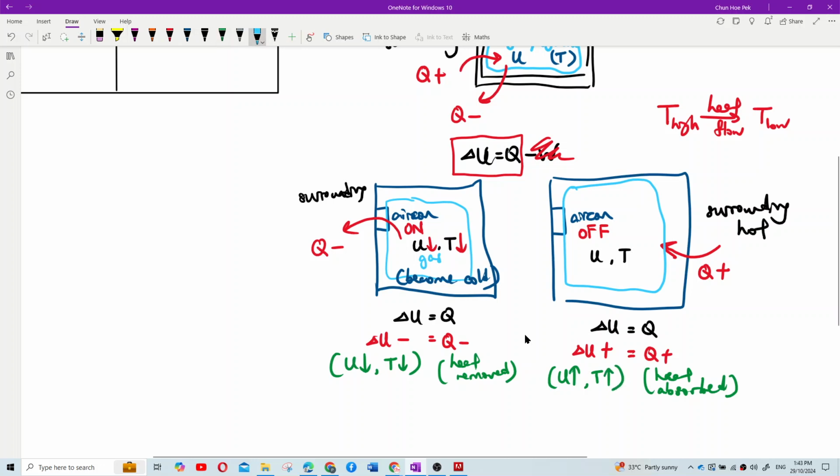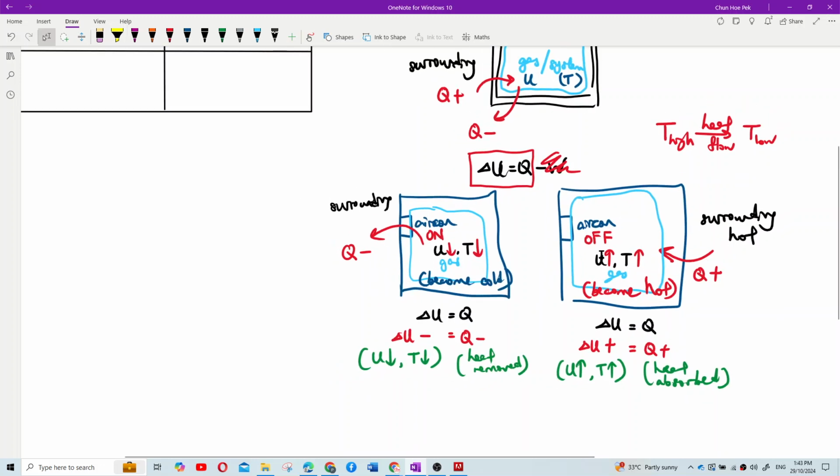Inside there is a gas, you know. The heat masuk balik, so dia punya internal energy should increase, temperature should increase. The gas become hot. Understand? So heat masuk balik, it stored as internal energy of gas.